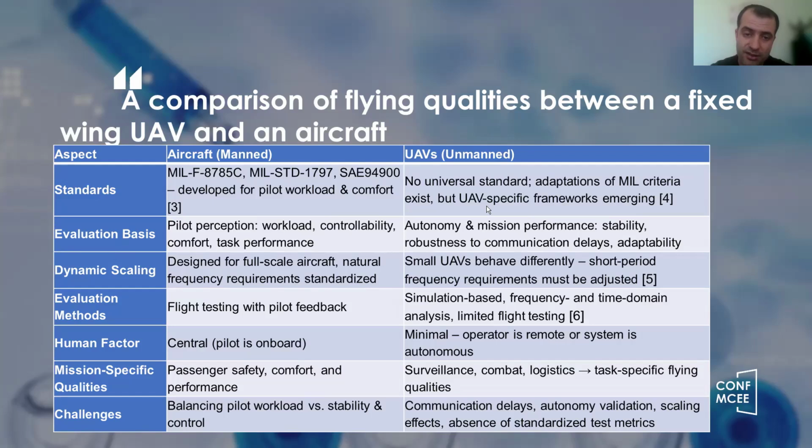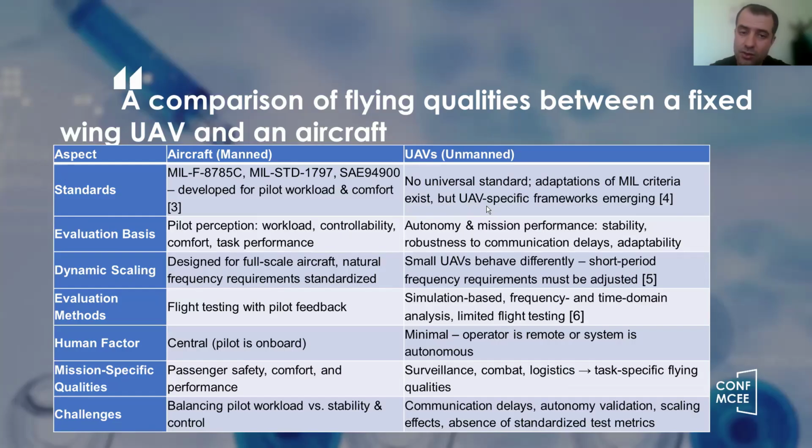Conversely, the design and development cycle for UAVs has not reached the same level of sophistication as that of manned aircraft. This includes the absence of a flying qualities standard too.